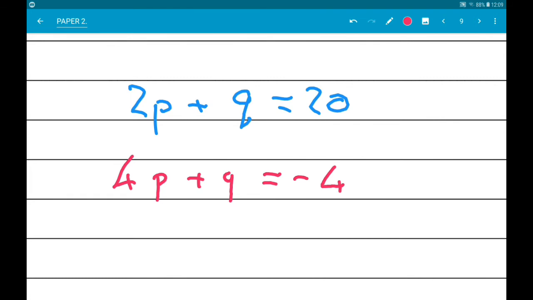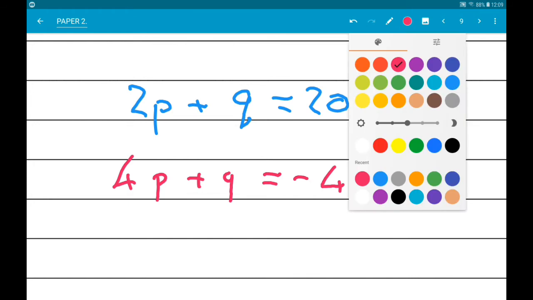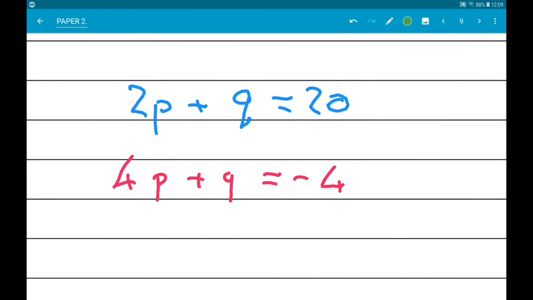Okay, so now we need to solve these two. It's quite nice because they both have a q. So we need to do one equation minus the other.